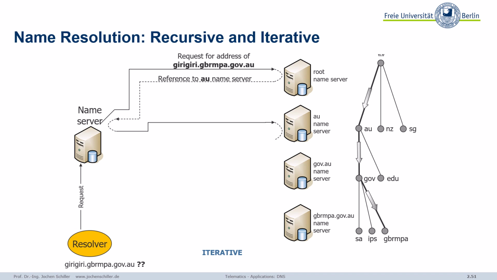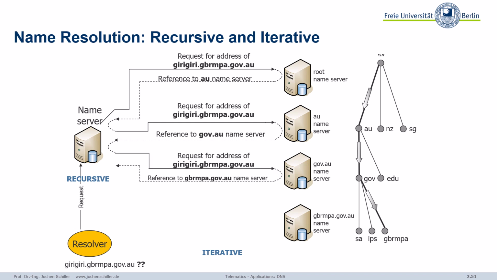So then the next step is I have to ask the name server for Australia. And this at least gives you then a reference to gov.au, so some governmental server. You see, from the resolver's point of view, this is recursive because the name server handles this somehow. So we have this combination.